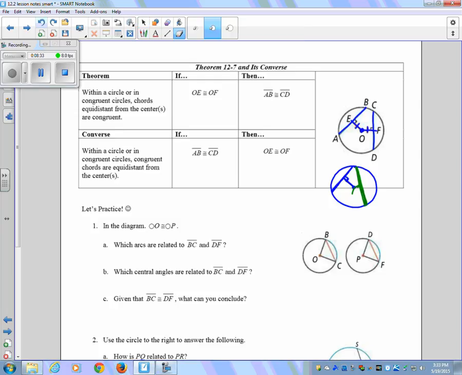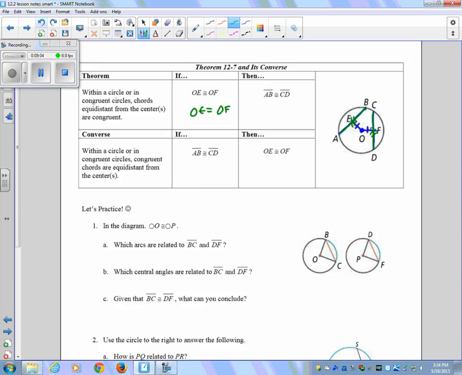So it makes sense that if they're the same distance from the center, then they're going to be the same length chord. This is congruent to this. And vice versa, right? If OE is congruent to OF, so the distance is the same, I guess it could be equidistant, this should be an equal sign then, instead of marking them congruent.